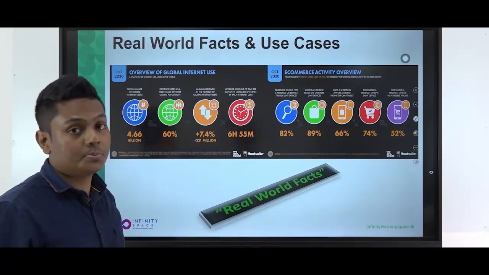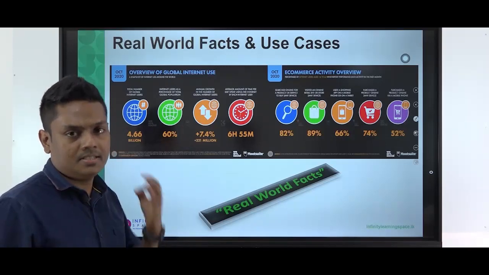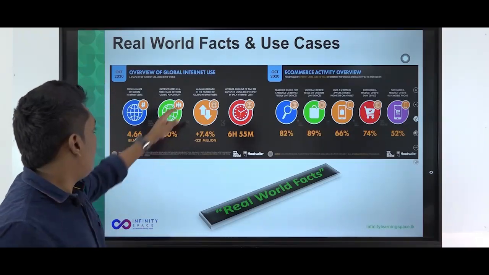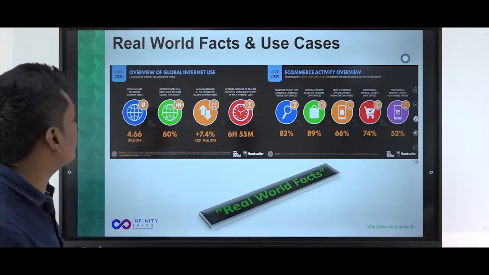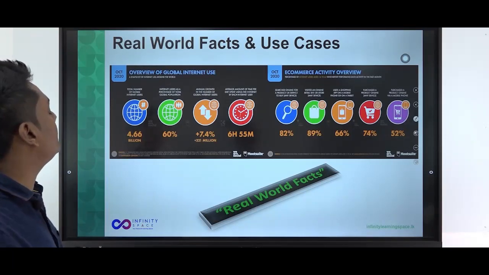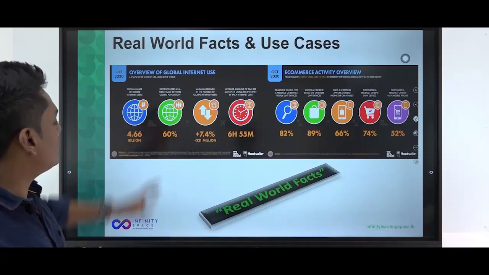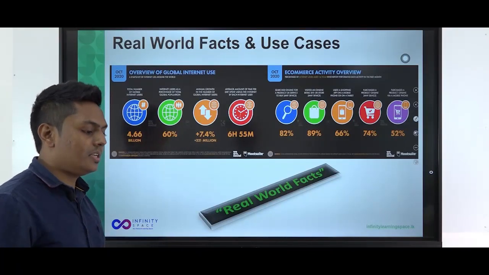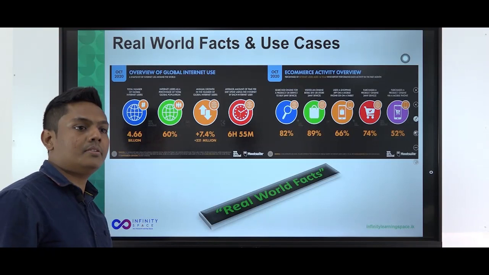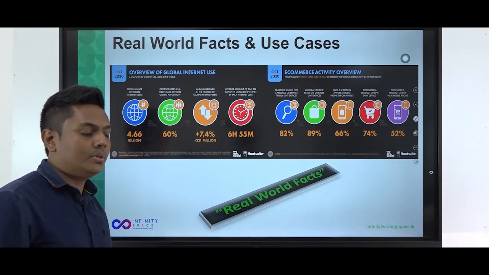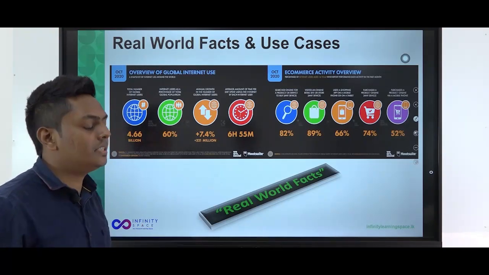That is a huge, significant percentage that needs to be considered. And then there is the annual growth in the number of global internet users. Why I am showing these facts is to understand how things are going.